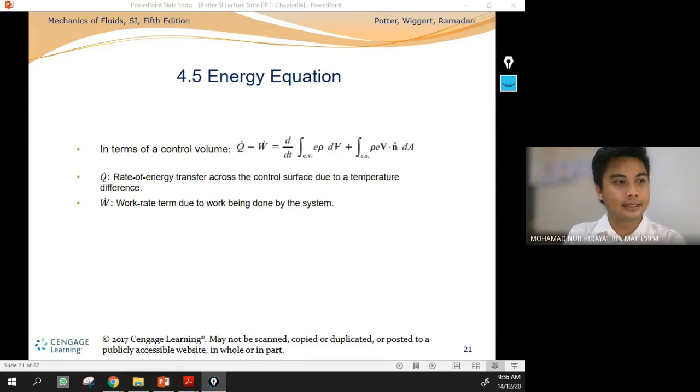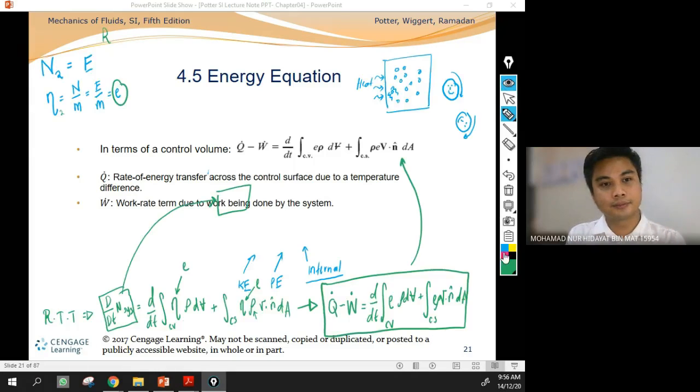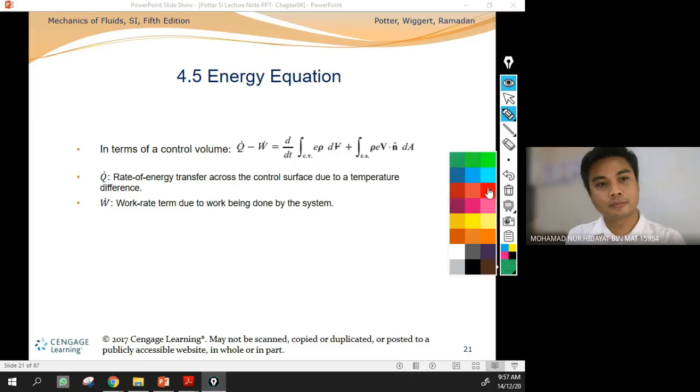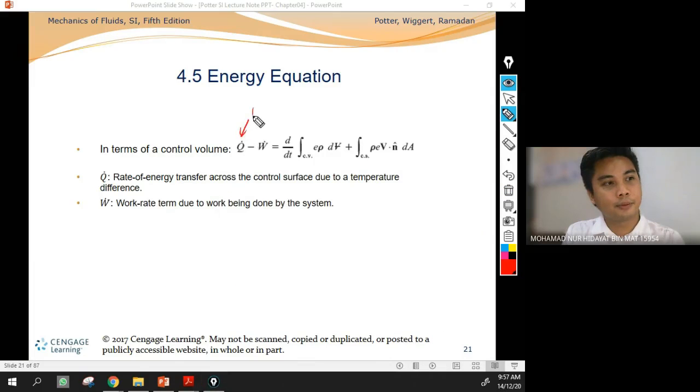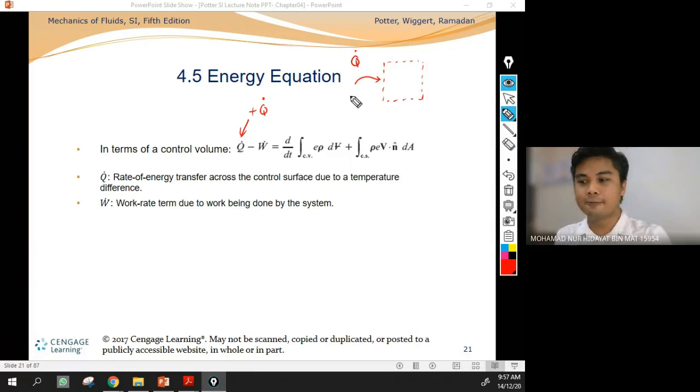Now you can see this term is positive energy because this is the control volume. It receives heat energy, so receiving is plus. And then it loses energy as work. This is negative.